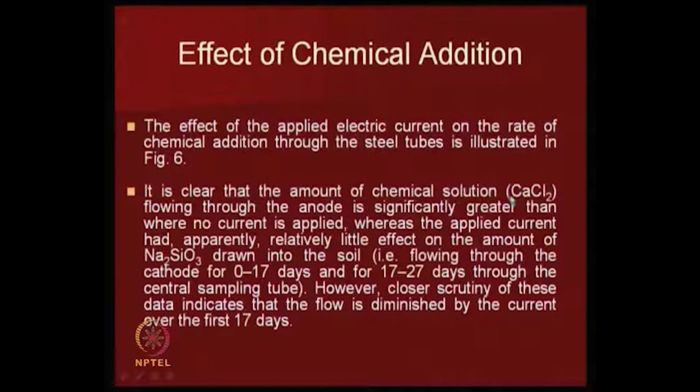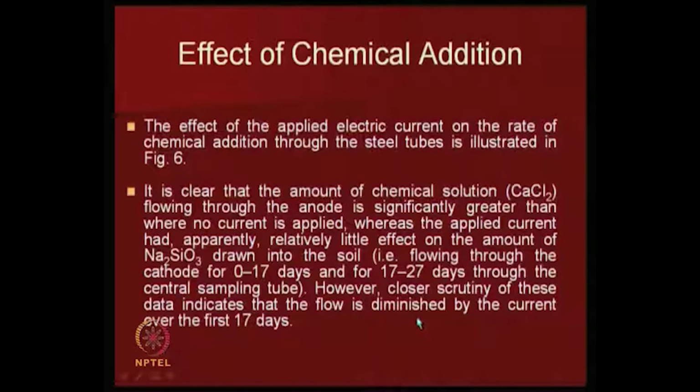The amount of chemical solution flowing through the anode is significantly greater than when no current is applied. What they observed was that when there is no current, it was there, but when the current was applied, there was apparently little effect on the amount of Na2SiO3 drawn into the soil. However, closer scrutiny of the data indicates that the flow is diminished by the current.